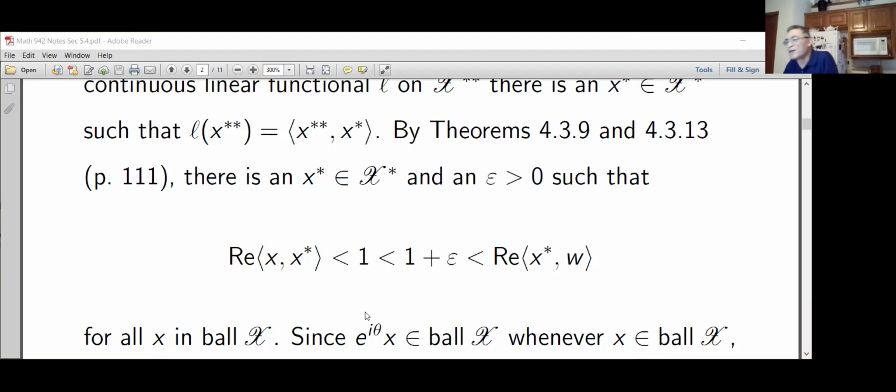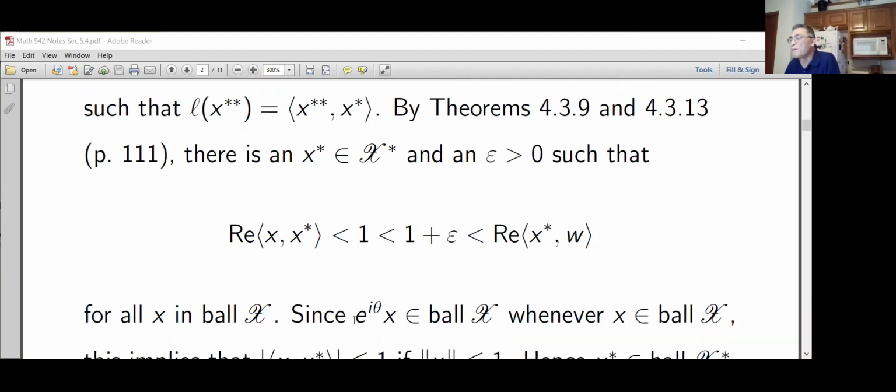But now, this is true for the real part. But for any x in ball script x, we can multiply by a number in this form, e to the i theta. Theta is a real number, so this is a rotation.